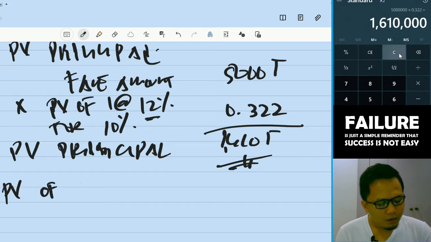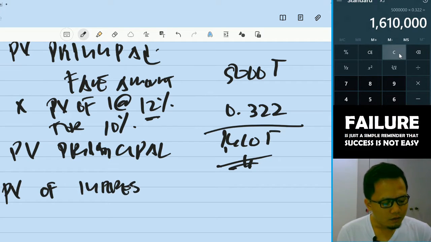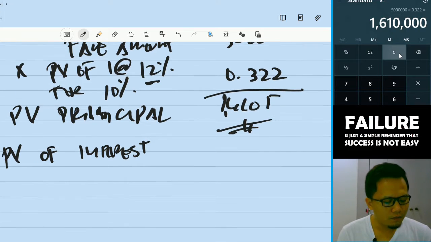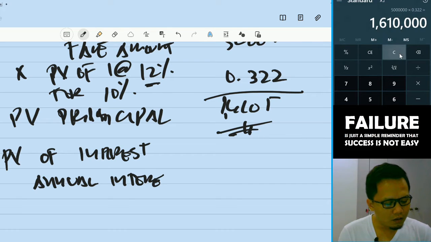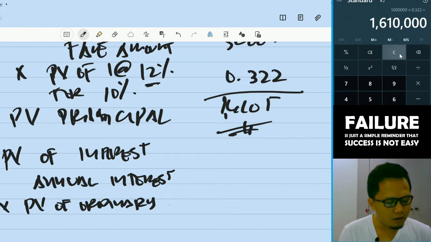The present value of interest ngayon is computed as the annual interest multiplied by the present value of an ordinary annuity na, kasi yun nga, multiple payments na yung interest. Hindi na siya present value of 1, which is a one-time payment applicable to the principal.